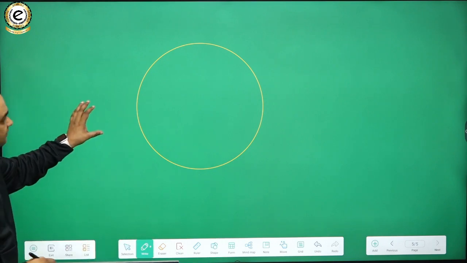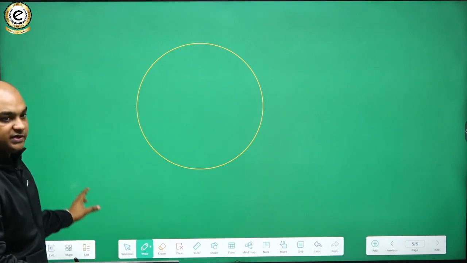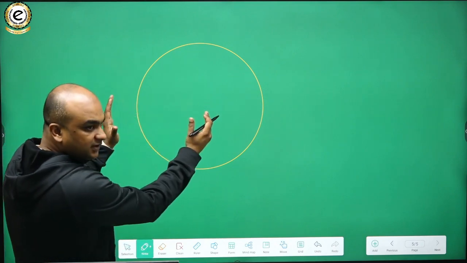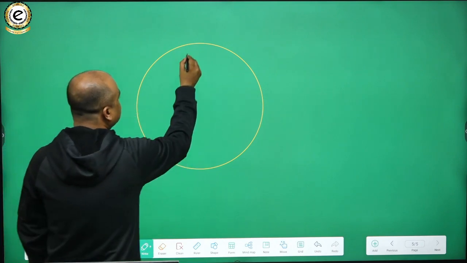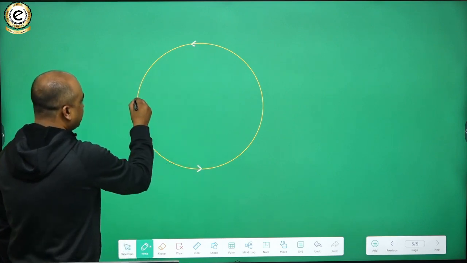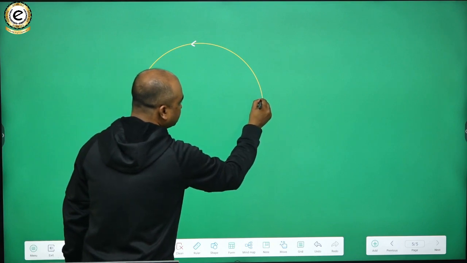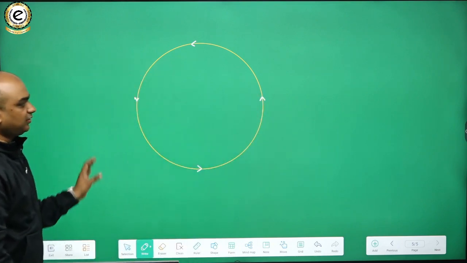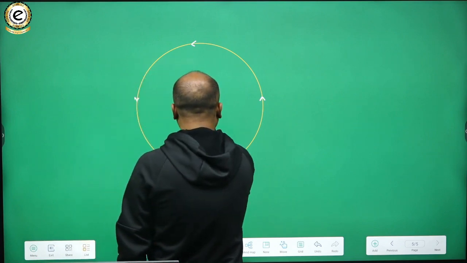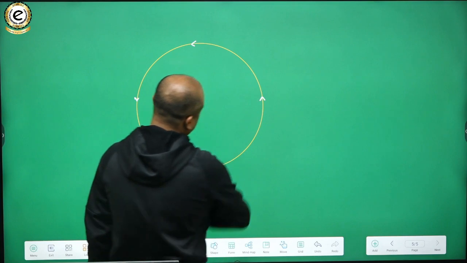Let's assume that this is one such rotating disk. Okay, and I am giving you the top view of the disk, and the disk is rotating in a counterclockwise manner. It's a counterclockwise rotation or anti-clockwise rotation. Suppose there is a central point here in this disk.